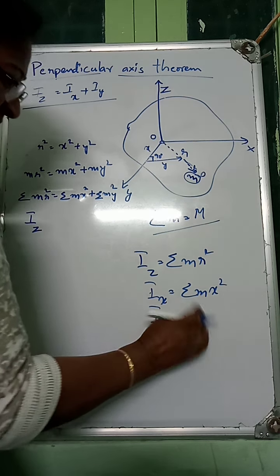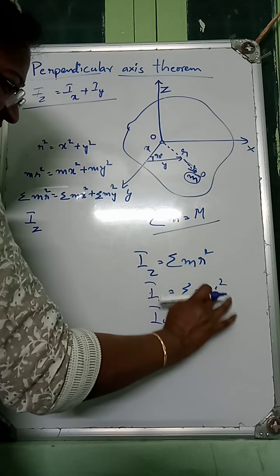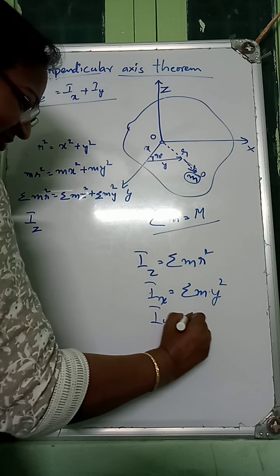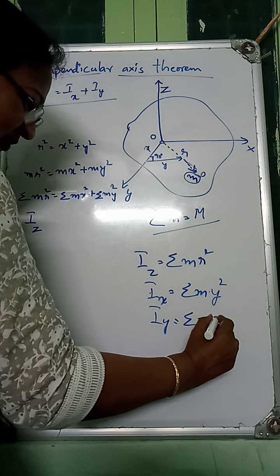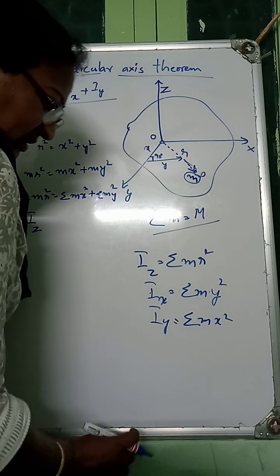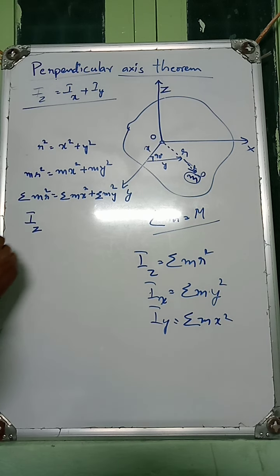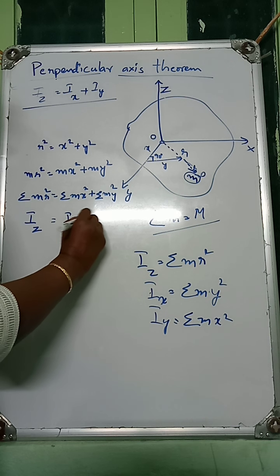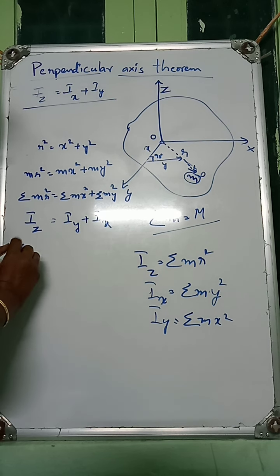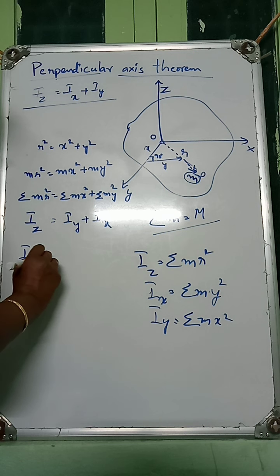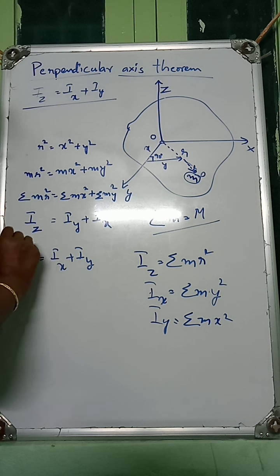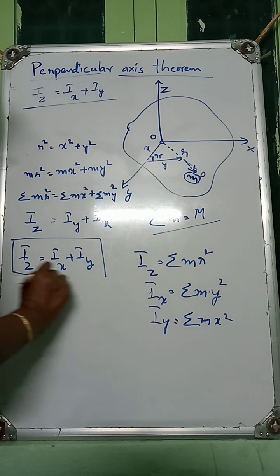Iy is, from y axis the distance may be x, sigma m x square. Now Iz equals Ix plus Iy. Rewrite the equation. This is perpendicular axis theorem.